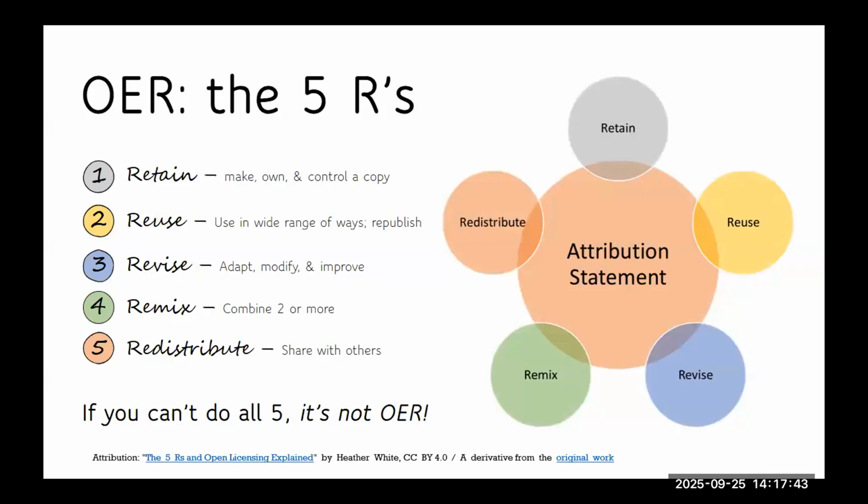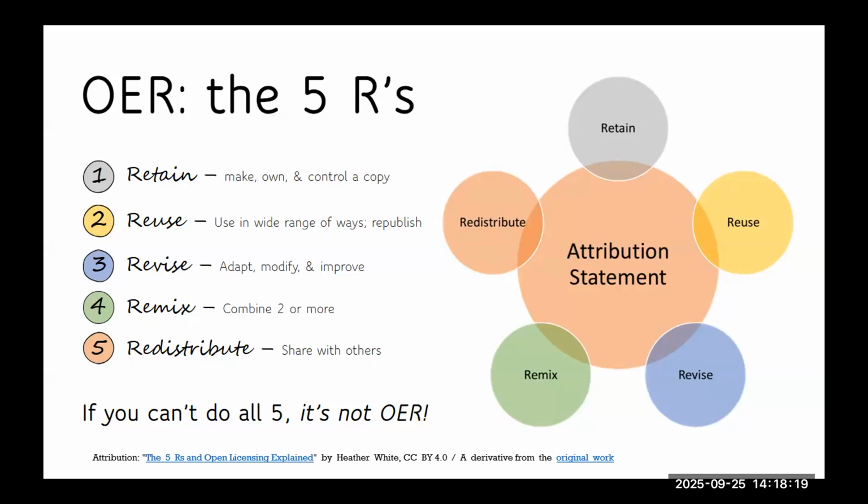When we talk about the 5 R's of open educational resources, they mean the ability to retain, so to keep a copy of that resource forever; to reuse it in a variety of ways; to revise it, to edit, adapt, or modify it; to remix, mixing different open educational resources together to create something novel; and finally to redistribute them, publish in a course or on your website, or share it however you'd like.